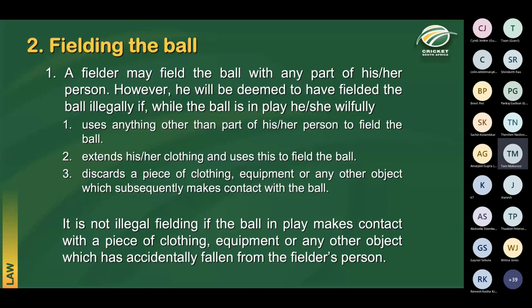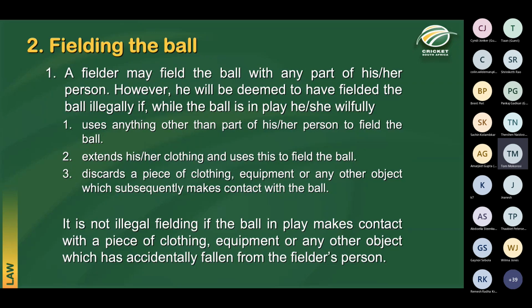If the fielder then throws the ball and the throw hits that cap that is now lying on the field, that would not be considered illegal fielding because that cap flew off the fielder's head accidentally. It was not willfully discarded.